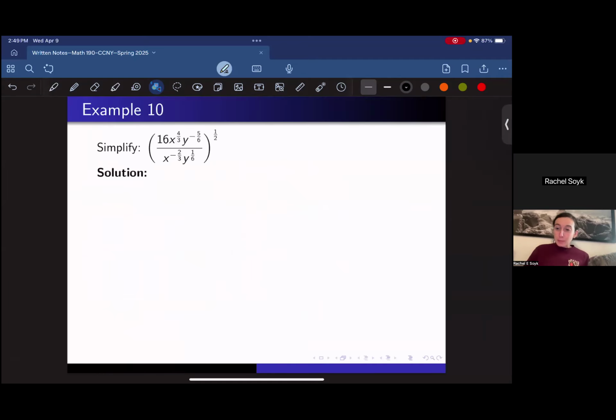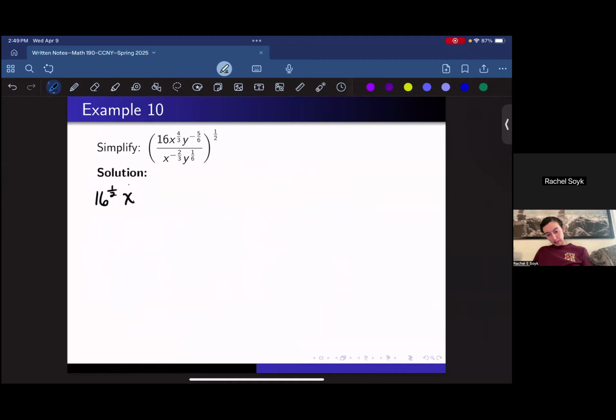Now let's get a little bit more complex, dealing with a bunch of different variables and fractions and some negative exponents as well. So we have everything raised to the 1/2 power. Let's focus on the numerator separately from the denominator. And I'm going to bring in that 1/2 to each term.